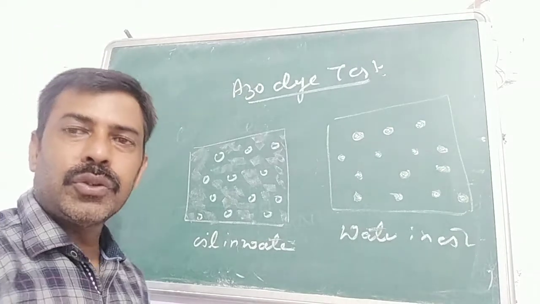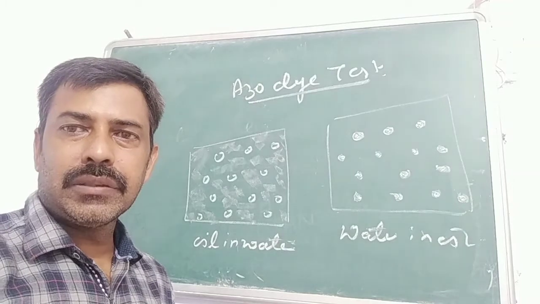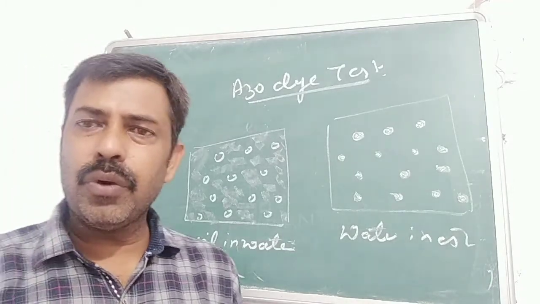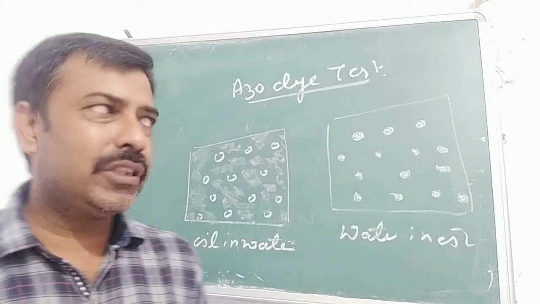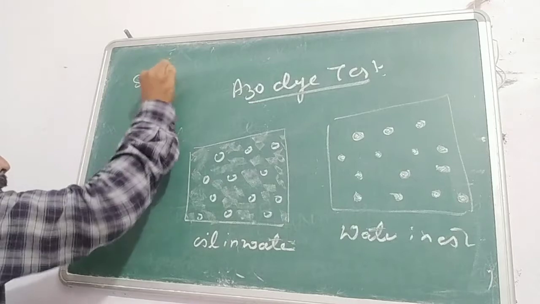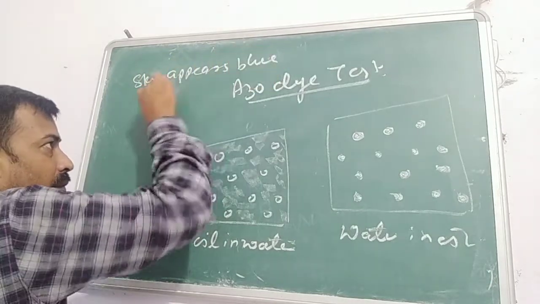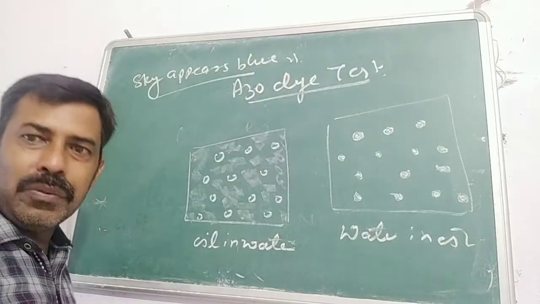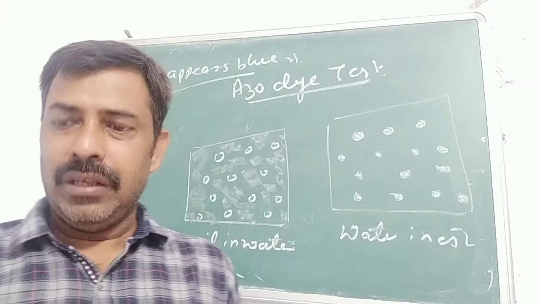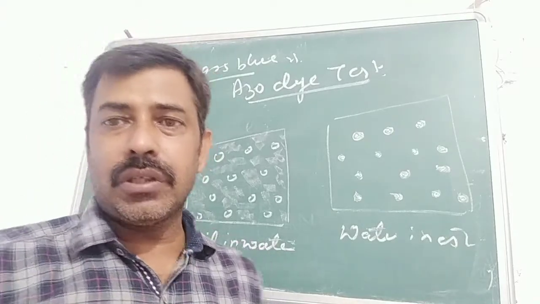Now we are going to see some applications of colloids. We are not going to see all the applications, only a few, of which the first one is why the sky appears blue. When you studied in class 10th, your physics teacher must have said that the color of the sky is due to the dispersion of light.